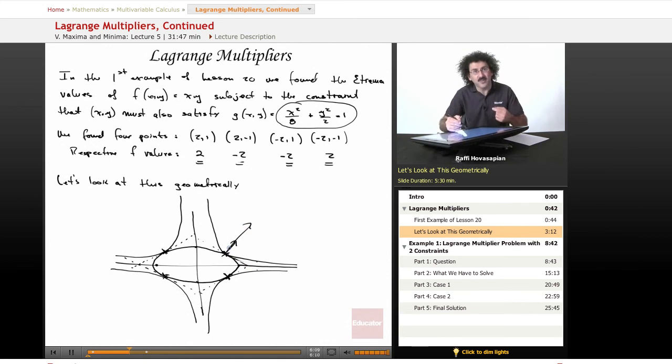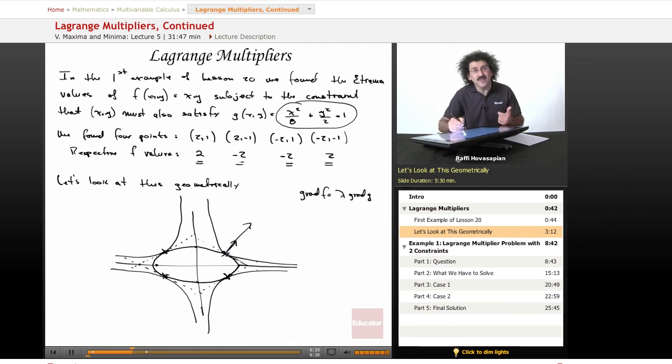One is going to be either the same length or longer than the other, and that's what the Lagrange multiplier is. It's just a scalar multiple of the gradient vector. When we say that the gradient of F equals some multiplier lambda times the gradient of G, we're saying they're moving in the same direction or in the opposite direction, depending on whether lambda is positive or negative.